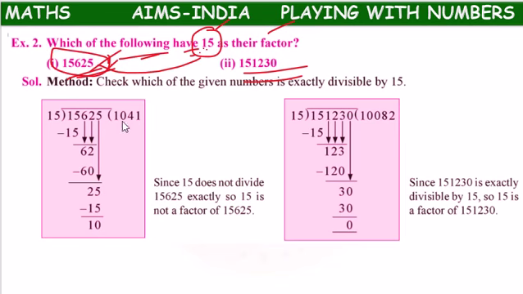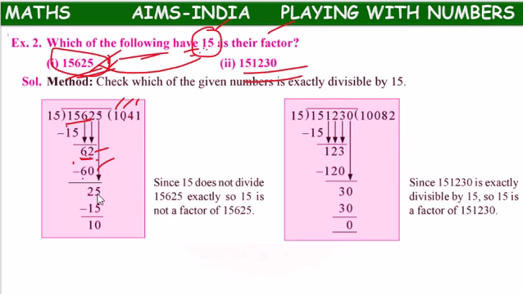If you do the division, first take two digits, 15. 15 one time, 15. We can take 6 down, but 6 is less than 15, so we keep 0 here. We take the next number, 2, and it becomes 62. 15 four times is 60, and 2 remains.